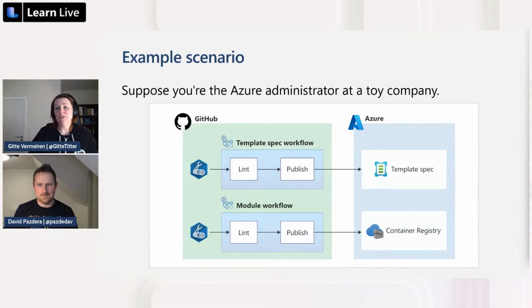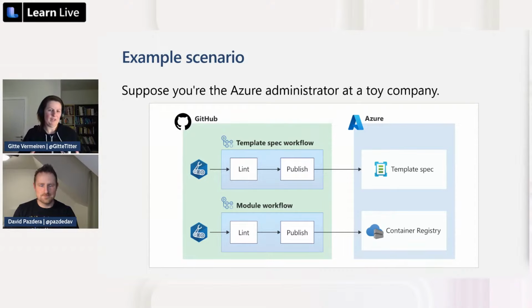Now you want to get these published in such a way that they can still evolve, and while they evolve, you have a regular process around it in which you can also validate that the template specs and modules you're writing are up to par with what you want them to be.